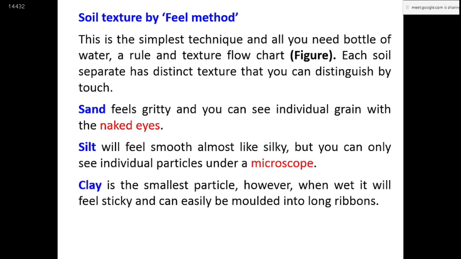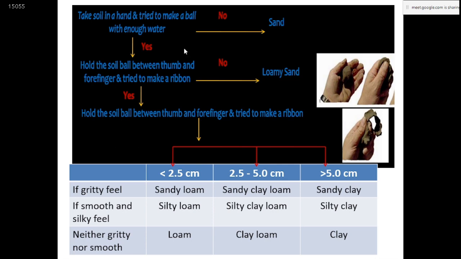Silt feels smooth, almost silky, but you can only see individual particles under a microscope. Clay is the smallest particle, so when it is wet, it feels sticky and can easily be molded into a long ribbon. So this is the feel method.